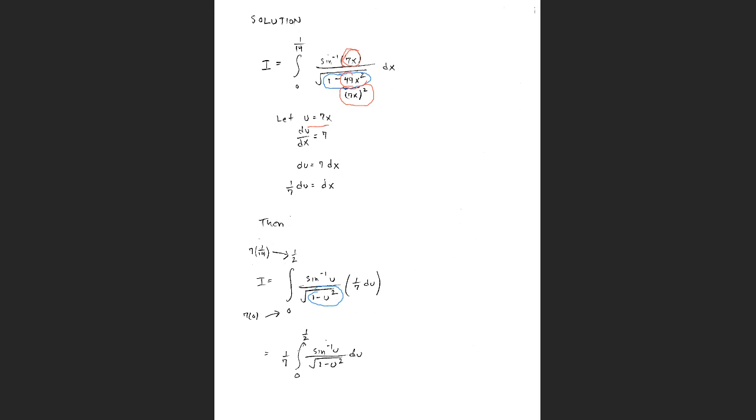If I had in the denominator the square root of 1 minus 81x squared, then this problem wouldn't work out nicely. These problems are designed to work out if you do the right substitution.